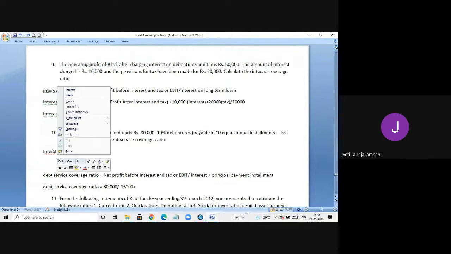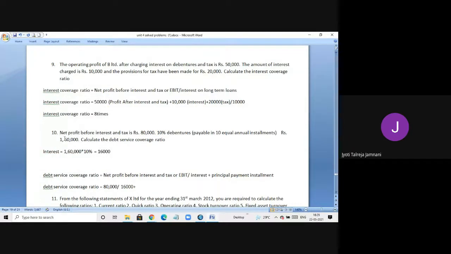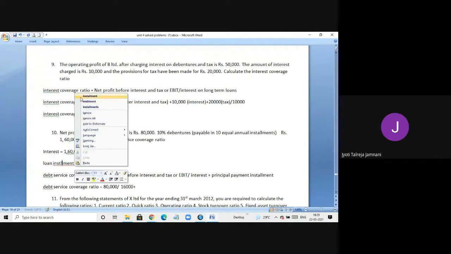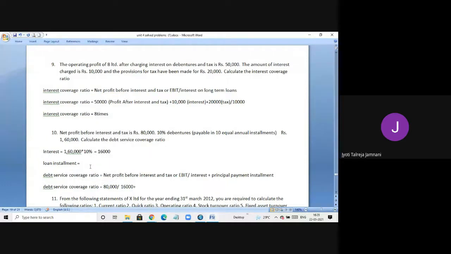So each installment will be, right here, loan installment, 1,60,000, and we are going to pay it in 10 installments. So 1,60,000 divided by 10 installments, you'll get it as 16,000. So your interest is 16,000 and your loan repayment per year is 16,000.